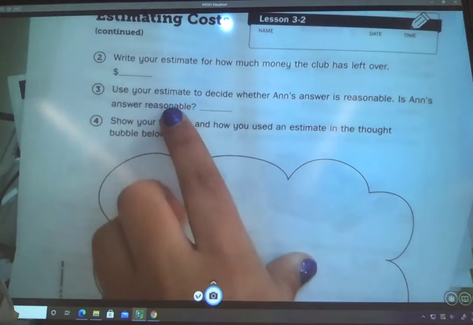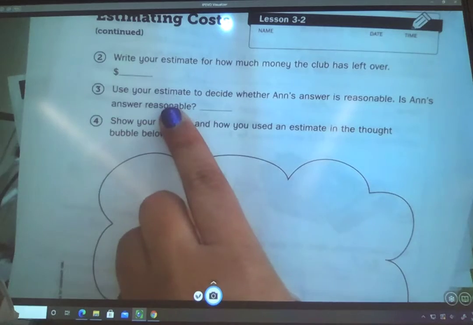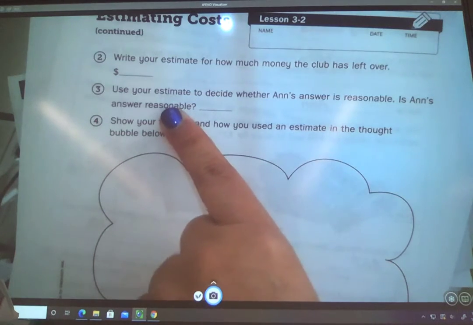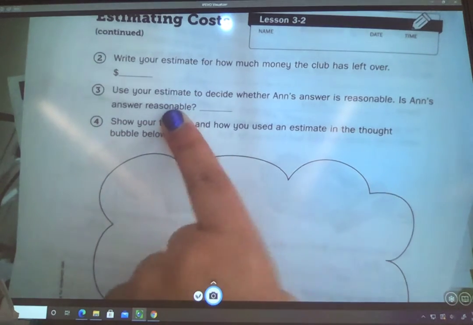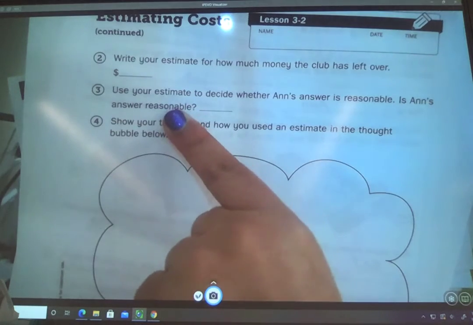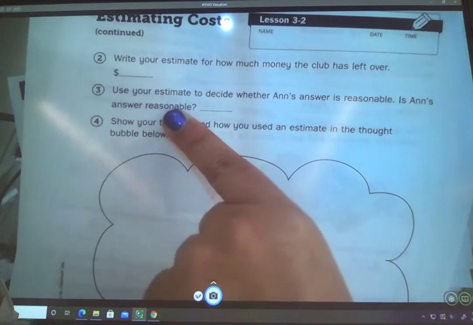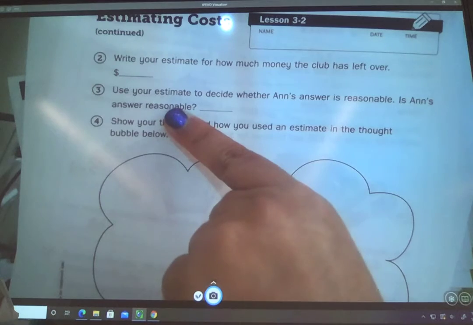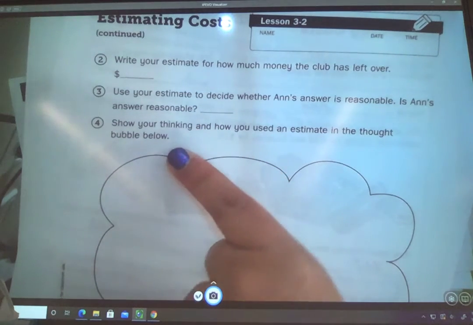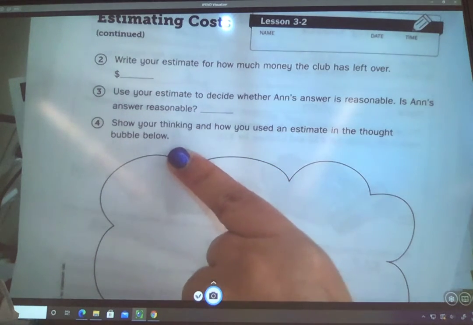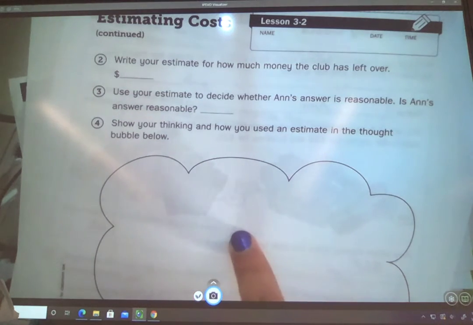Use your estimate to decide whether Anne's answer is reasonable. Is Anne's answer reasonable, yes or no? So does her answer make sense? Show your thinking and how you used an estimate in the thought bubble below.